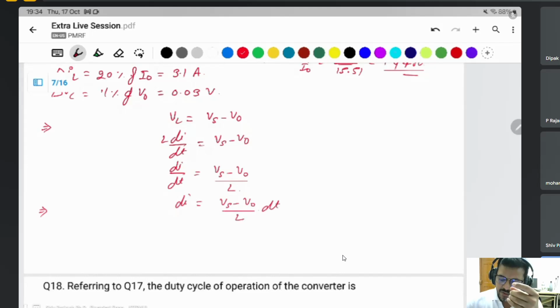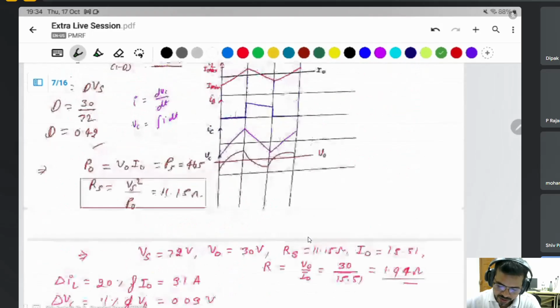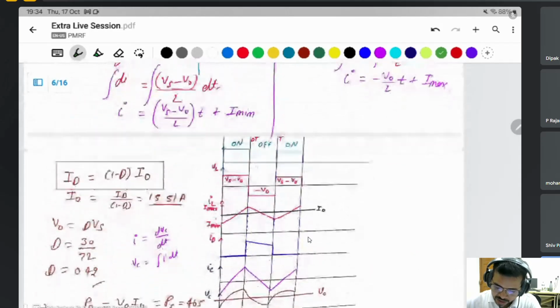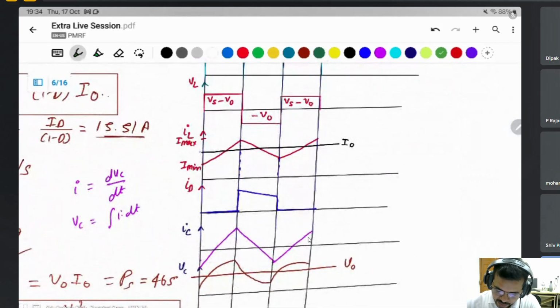But here we have to apply a limit, because the inductor current flows from I minimum to I maximum. When the switch is on, inductor current flows from I minimum to I maximum, and the voltage is Vs minus V naught.